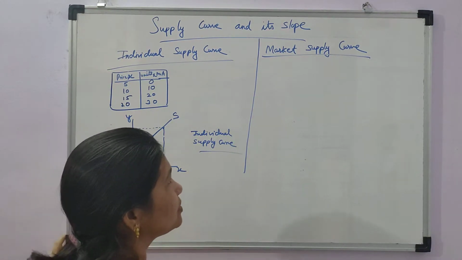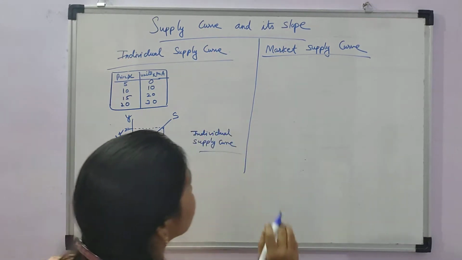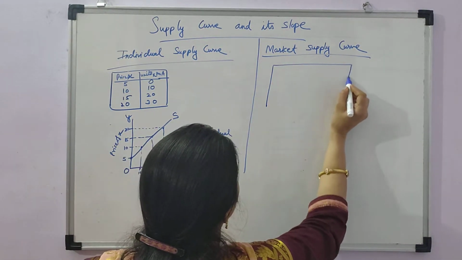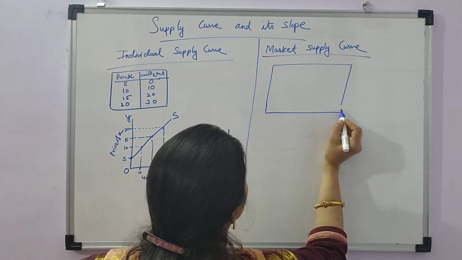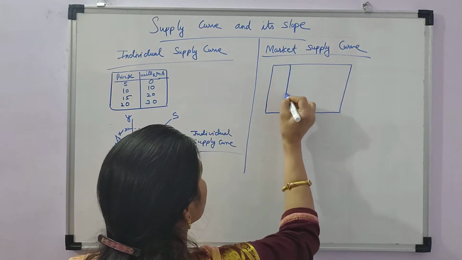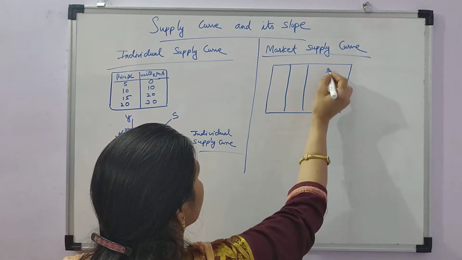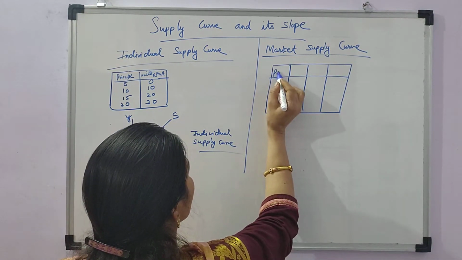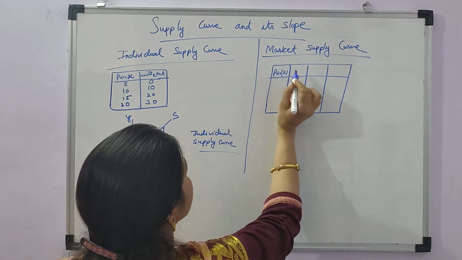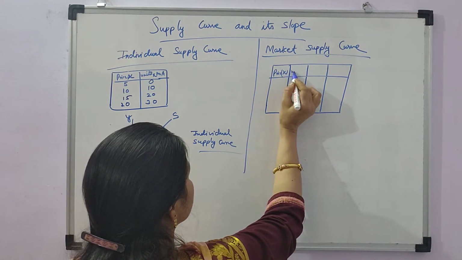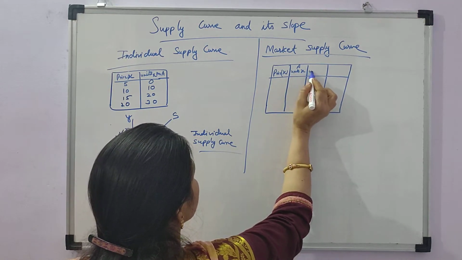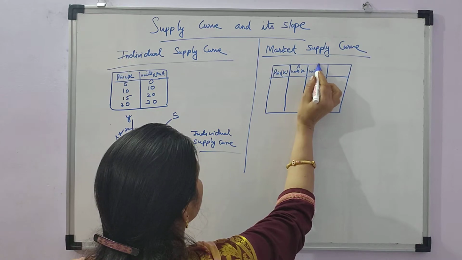And when we are talking about the market supply curve, it means more than one producer or many producers. So first of all, this is the market supply schedule. This is the price of X commodity, this is the units of X commodity of A producer, and this is the units of X commodity of B producer.